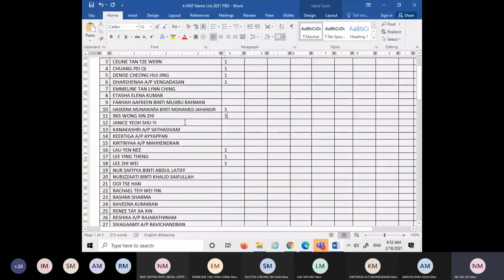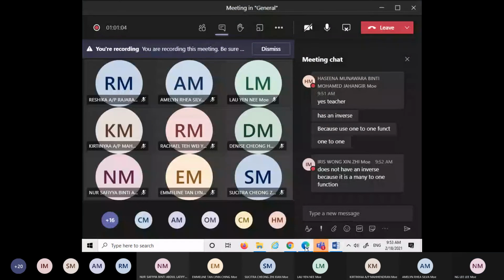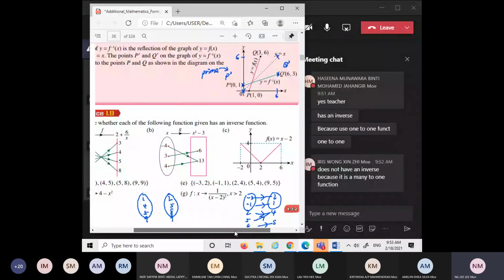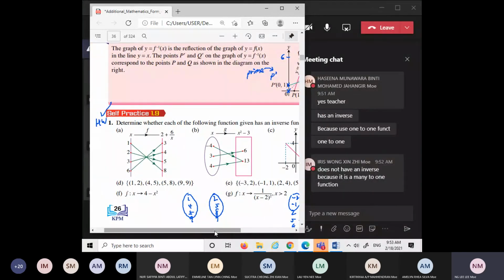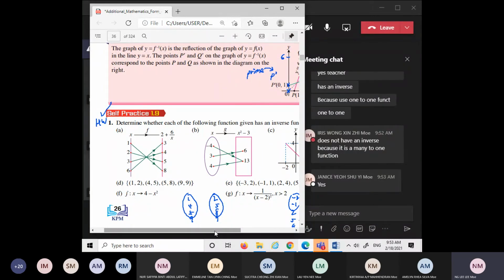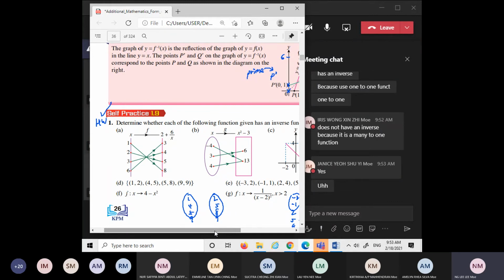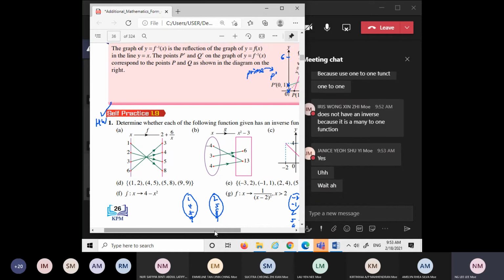Next girl is Janice. Janice, help me with F. This one is a little bit difficult. If you know the shape of the graph, this is quadratic. Okay, negative in front of the x squared, so this is facing this way.